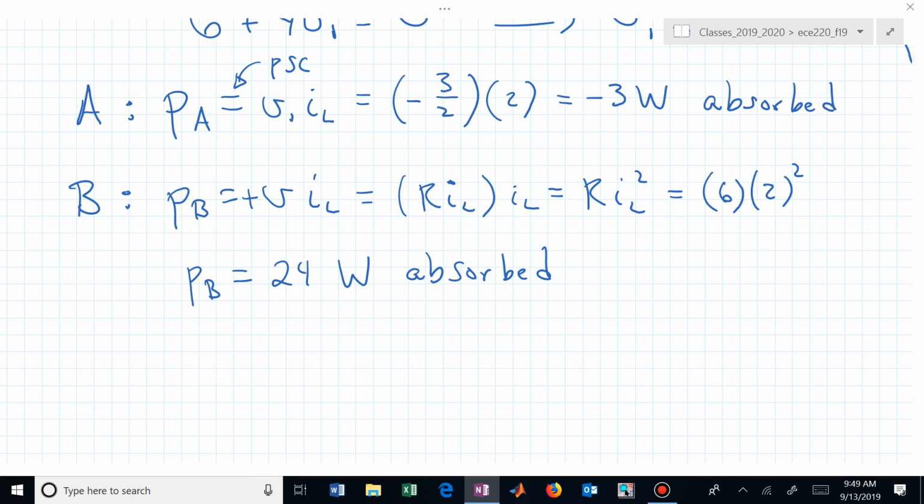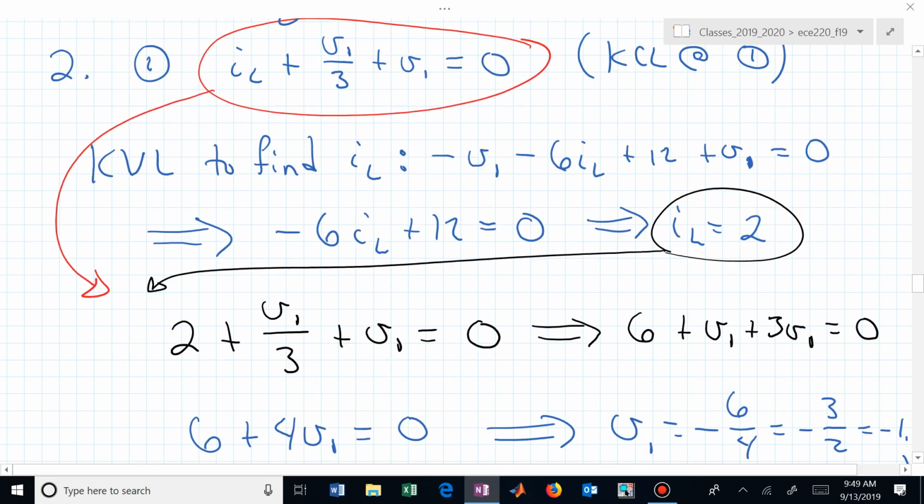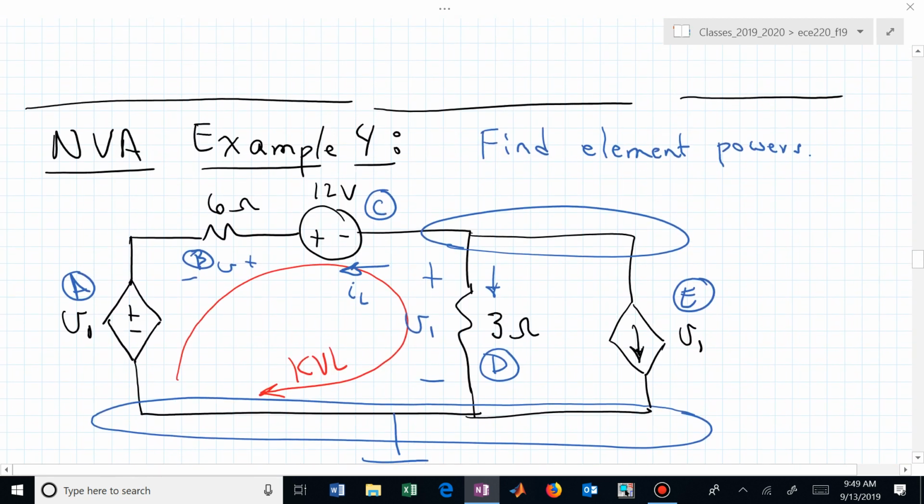What about C? What's the power of C with the passive sign convention? If we're using I sub L, isn't it negative?